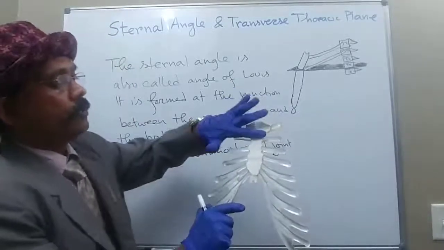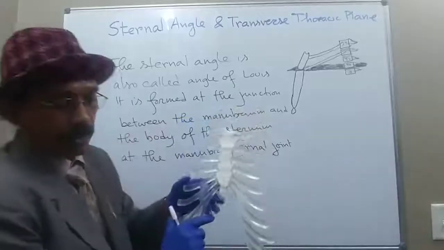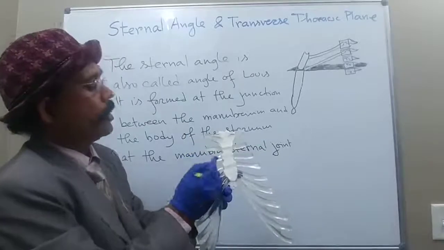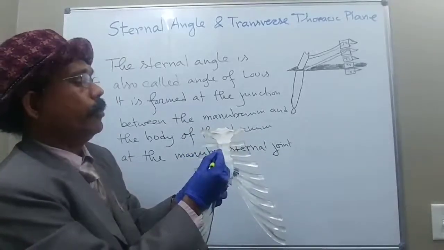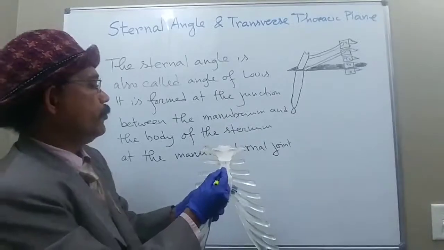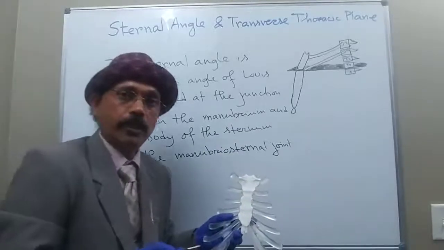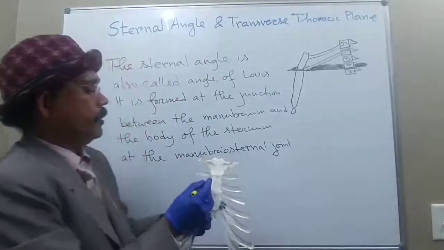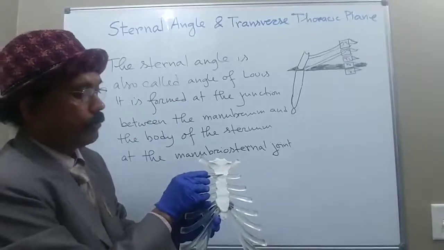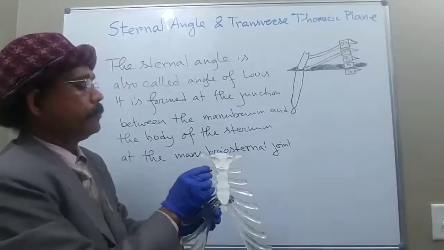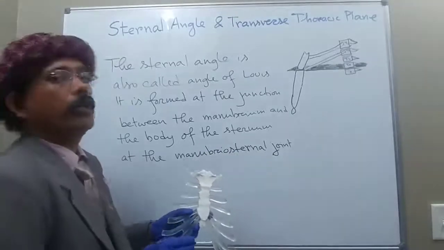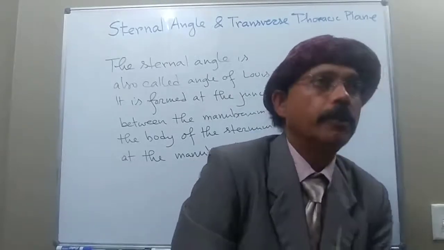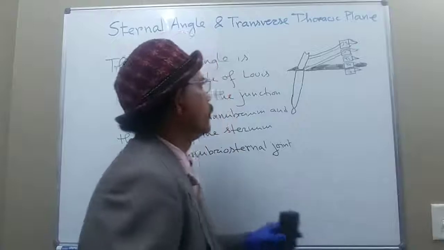This joint is called the manubriosternal joint. It is a secondary cartilaginous joint, also called symphysis. At this joint, the manubrium and the body of the sternum form the angle that is called the sternal angle. We got the definition of the sternal angle.